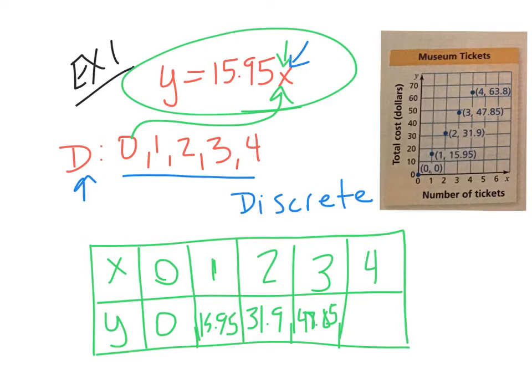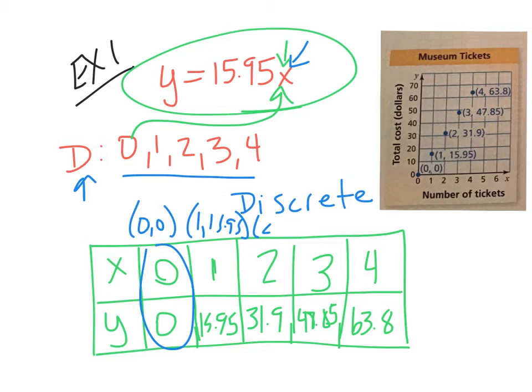And if I plug in 4, I get 63.8. Now remember, in ordered pairs, to take your x and y value. So for instance, this would be 0, 0. This point would be 1, 15.95. Hard to write small there. This would be 2, 31.9, and so on. So these are your ordered pairs that you graph, and you can see here how they're graphed.